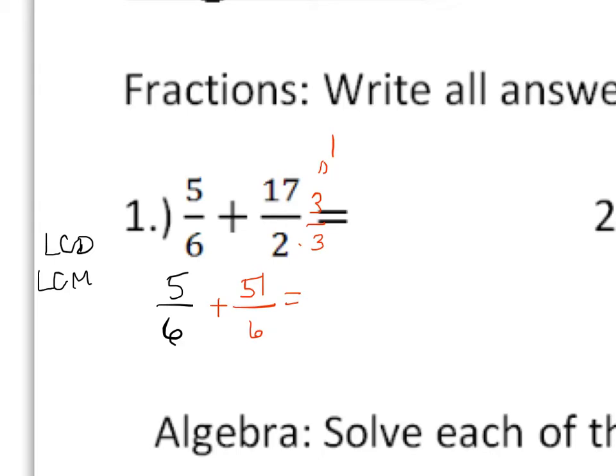Now that we have the same unit, 5 sixths plus 51 sixths is going to equal how many sixths? Because sixths is our unit. Just like if you had 5 centimeters plus 51 centimeters, the answer would be 56 centimeters. Well, the answer in this one is 56 sixths.